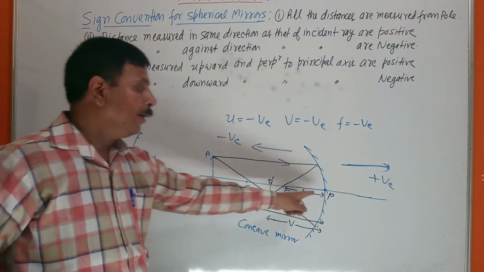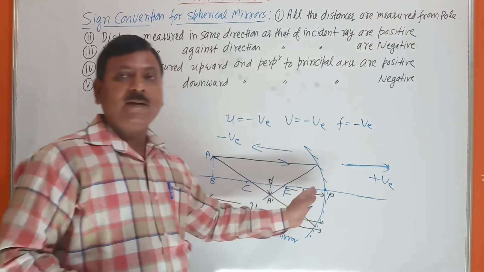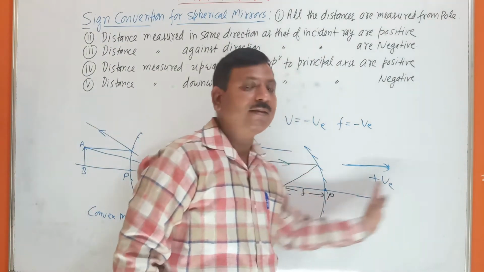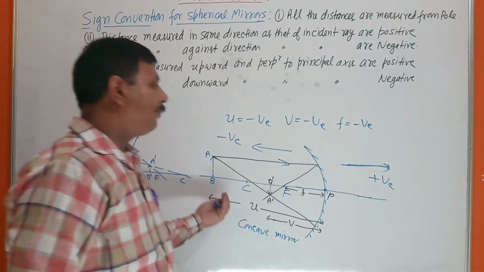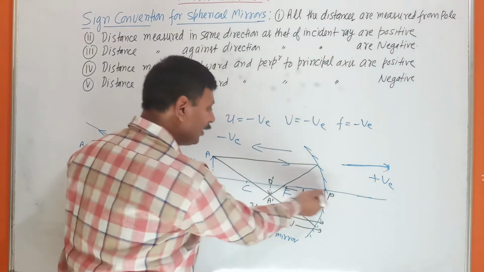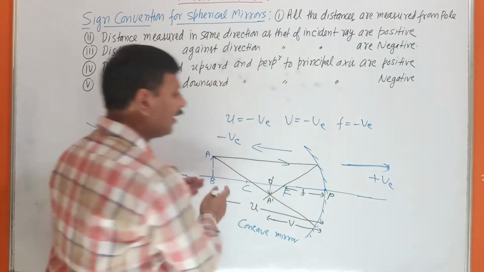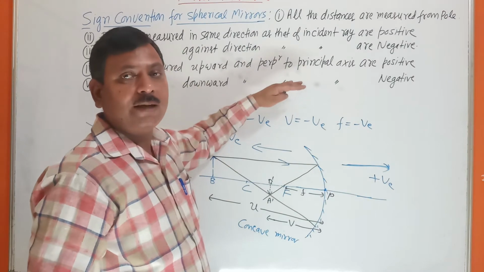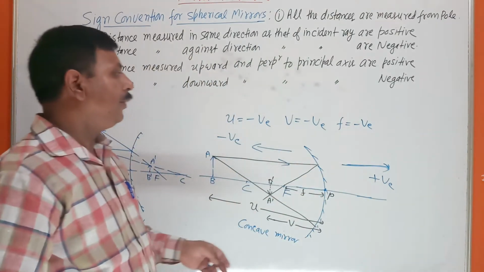So the pole you have to take as the origin. If you are measuring any length in the right hand direction, this is positive. In the left hand direction, because rays are coming from left to right, all measured lengths will be negative. Upward you take positive, downward you take negative.